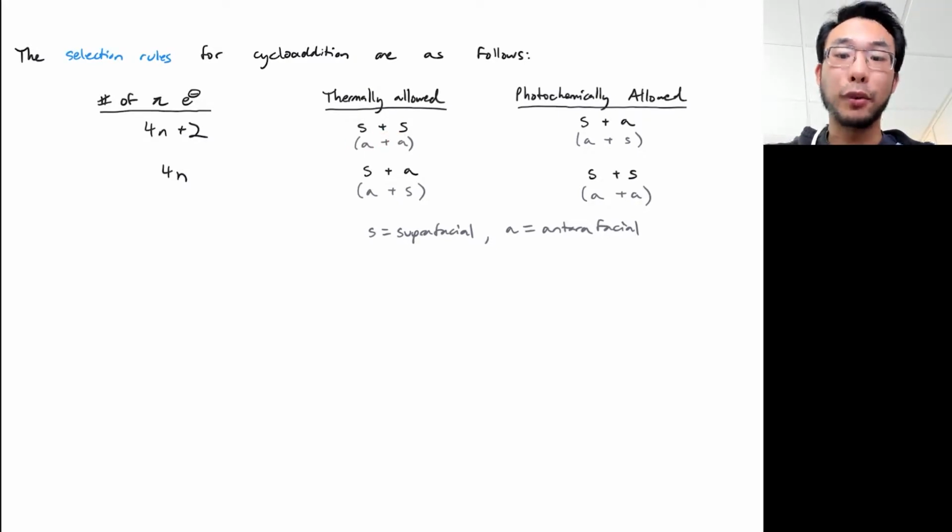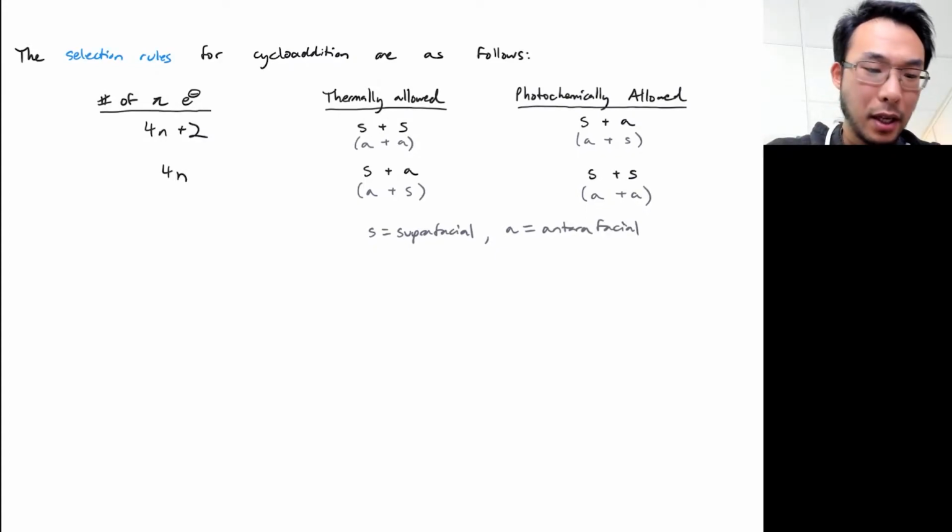And so under photochemical conditions, we would not be able to do our reaction supra plus supra, but rather we would have to do it supra plus antarafacial. And all of that is the opposite for when there's only 4n electrons. So that's, again, maybe not the most obvious in terms of what all of that means.